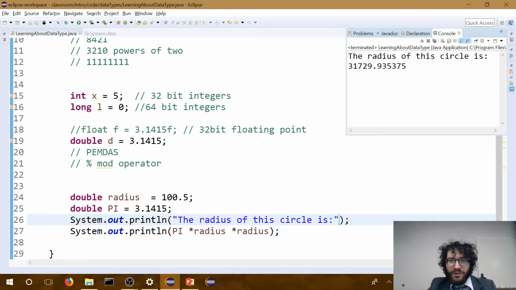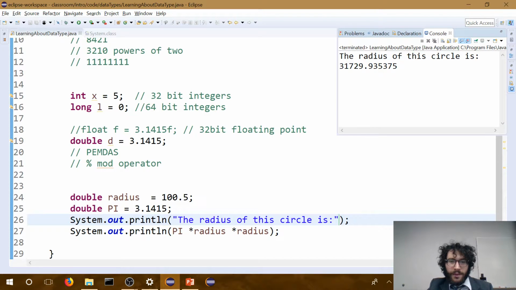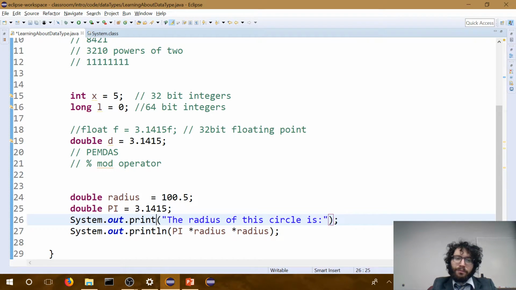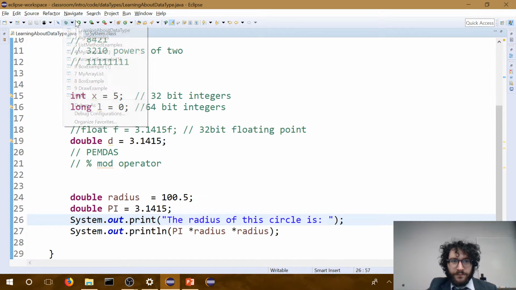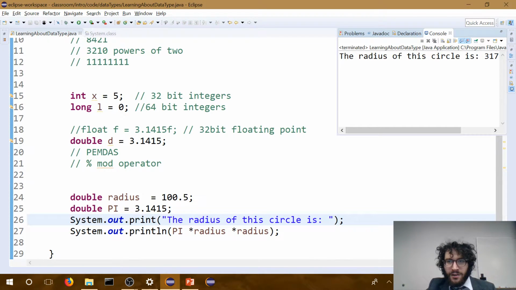So the radius of the circle is 31,729. Okay? But it's on different lines. Why don't we try to get them on the same line? In that case, I could do print, because if I do print instead of print line, it doesn't add an end of line character. So I'll just put a space there. Now, the radius of the circle is that.